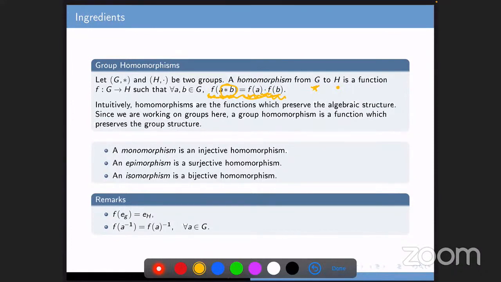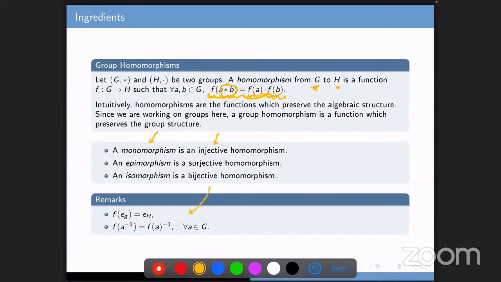Since we are working on groups here, of course, this is going to be called a group structure. And again, we have some fancy names for one-to-one, let's not say functions, homomorphisms this time. An injective homomorphism is called a monomorphism. A surjective one is called an epimorphism. And if it is both injective and surjective, in other words, bijective, then we have an isomorphism.